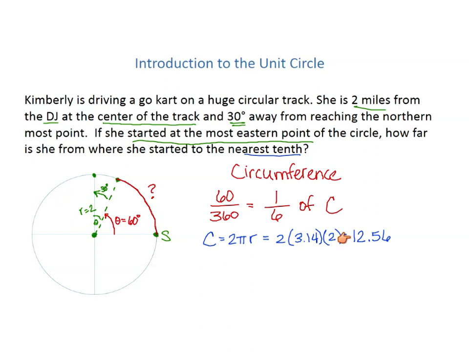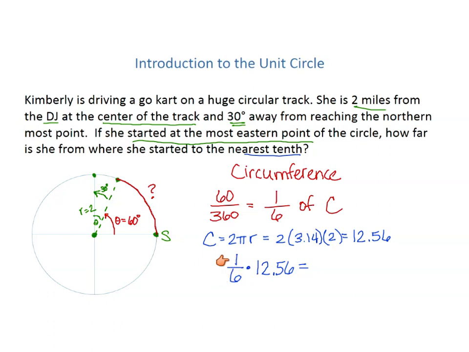But remember, that number tells me how far it is all the way around the track. I only want to know 1/6 of that number. So there's one final step, and that's to multiply 1/6 times my circumference. Now, when you're doing that on the calculator, that's the same thing as doing this number times the top and divided by the bottom.